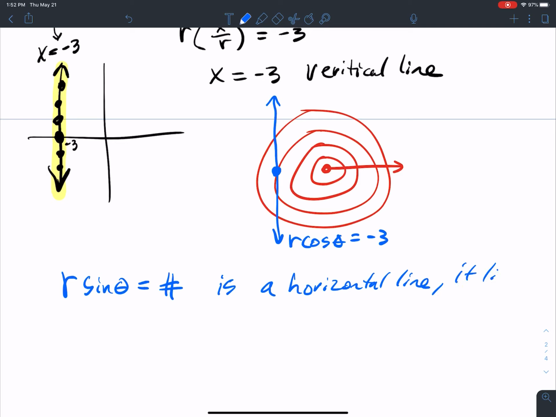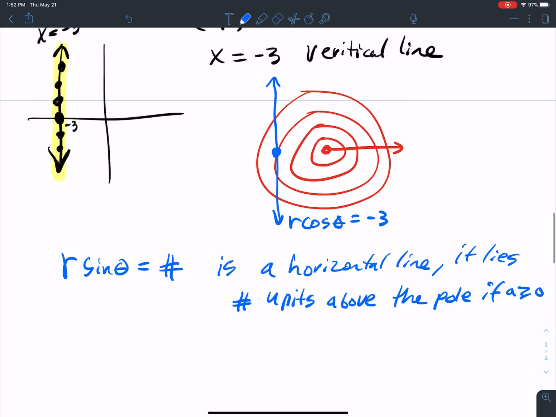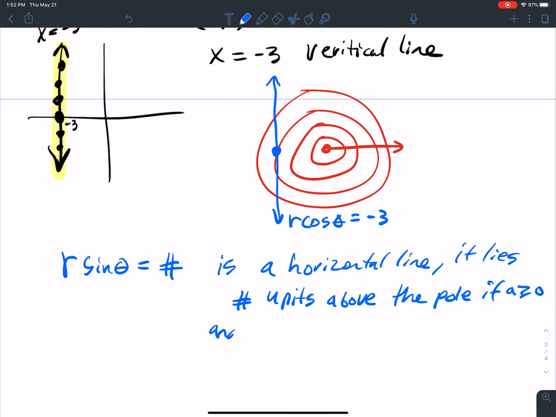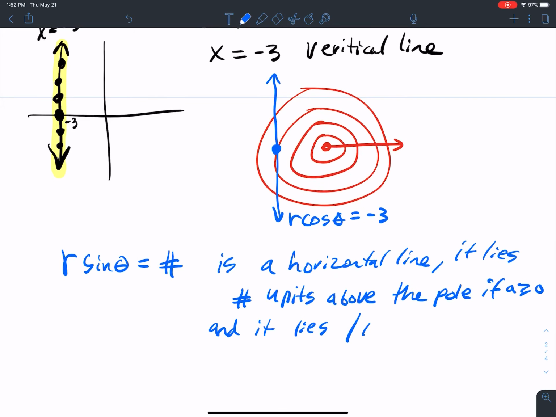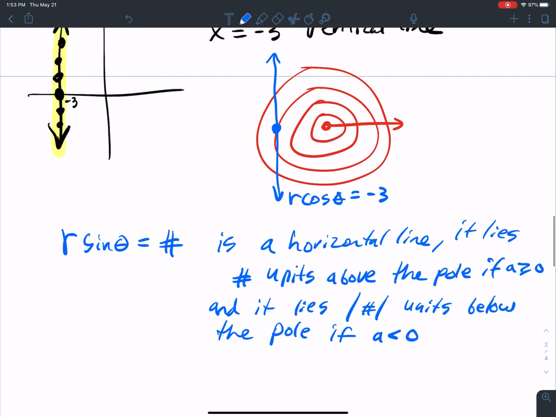It lies a number of units above the pole if a is greater than or equal to 0. And it lies the absolute value of the number of units below the pole if a is less than 0. Okay.